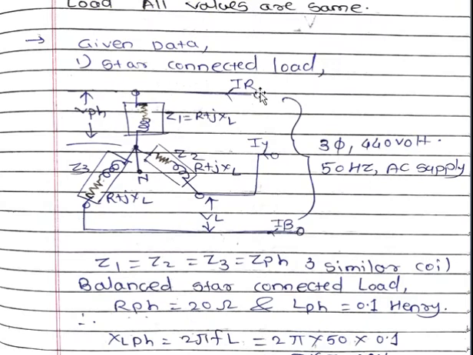In a star connected load, the current flowing through any phase impedance and the line are equal because the path for current through the load impedance and the line are in series. There is only one path for current flow. Therefore here the line current is equal to the phase current.